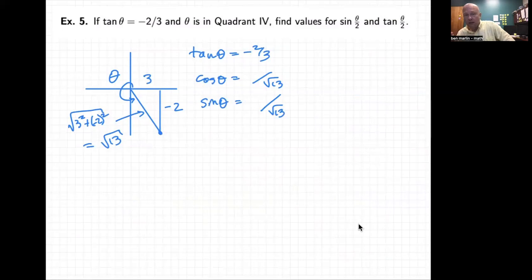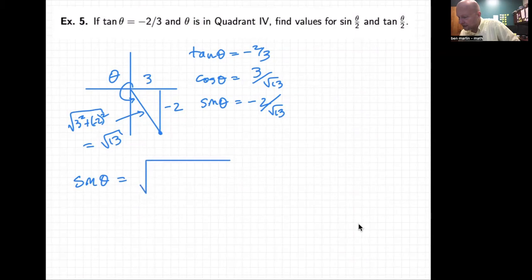And the cosine is going to be positive 3 over that square root of 13, and the sine is going to be negative 2 over that square root of 13. Okay, so if we need to look any of those up for what we're doing, we'll go ahead and do that. So sine theta, as you recall, went like this.